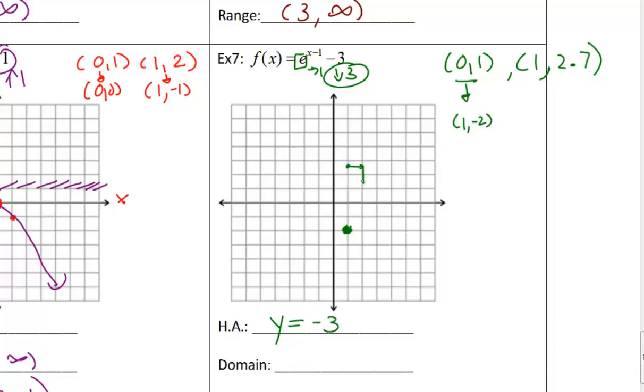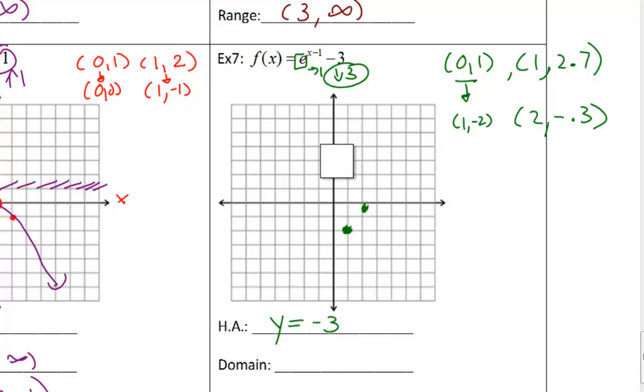So down 1, 2, 3. So this becomes the point (2, comma), and that would actually be negative 0.3. So (2, negative 0.3).